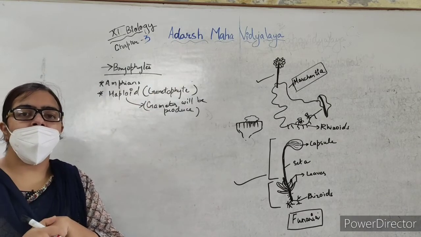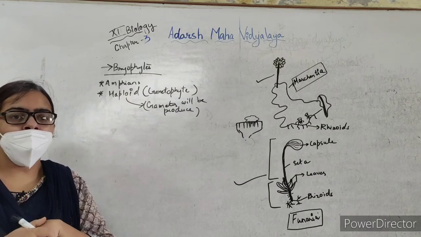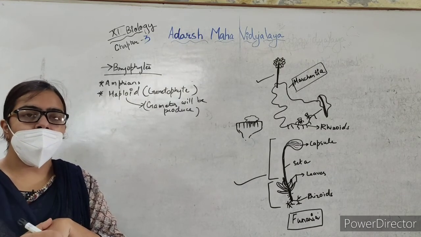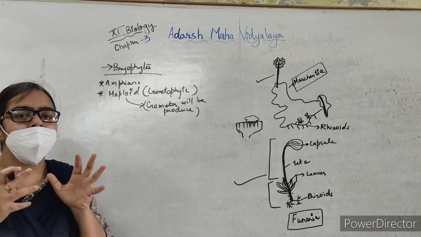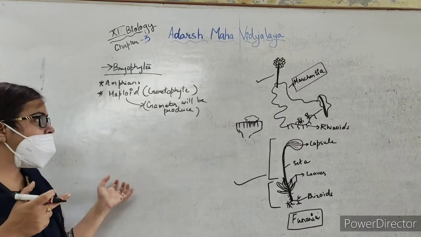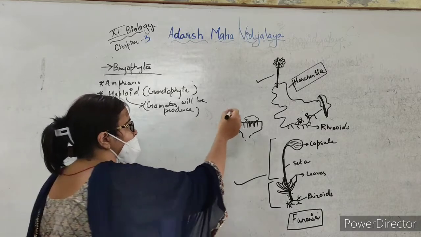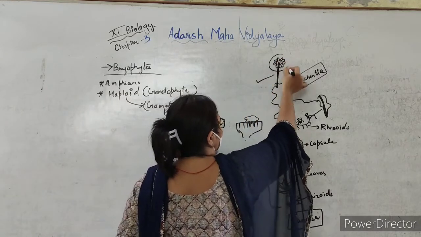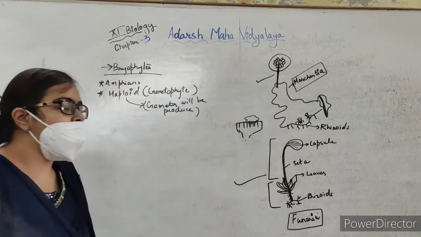Now when we talk about sexual reproduction, we see that basic structures are present which help in it. Here you can see the flower-like structure.